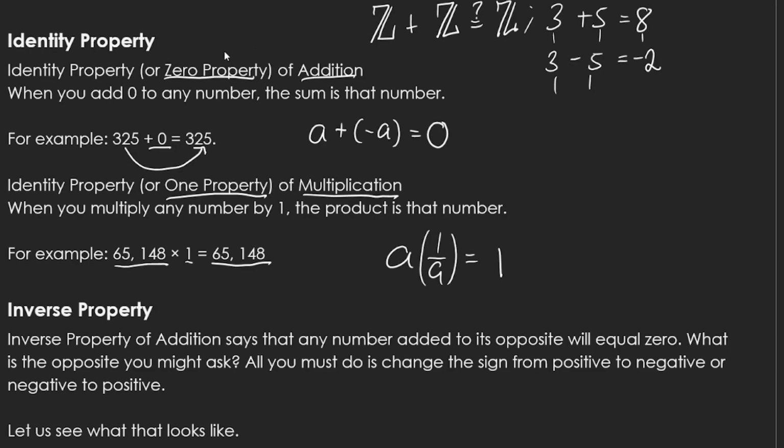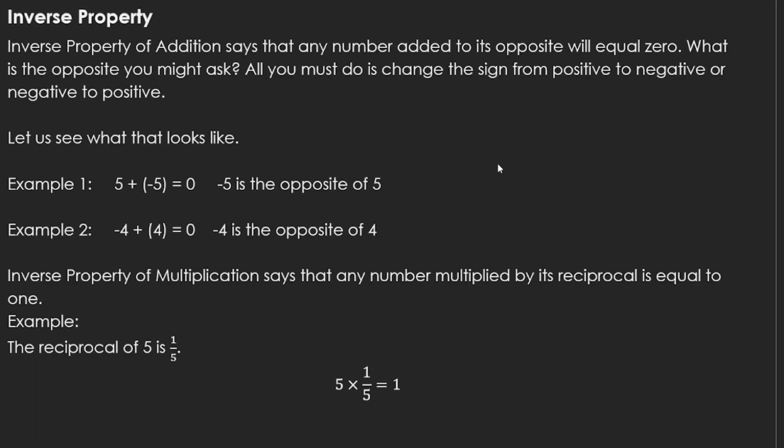So identity property is basically, if it's addition, if I add a number to 0, it should give me that number. If I multiply a number by 1, it should give me also that number. Inverse property is the number. If you have a number, there's an inverse, and that is its negative. So we have here 5, and its inverse should equal to 0. Negative 4, and its inverse should equal to 0.